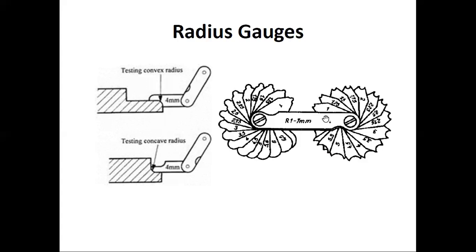You can just match these different radius gauges with the working substance. The exact matching will be your radius. For example, here a 4 mm gauge is matching with the particular object. It is simple equipment. You can simply use different gauges, match them, then calculate the radius.